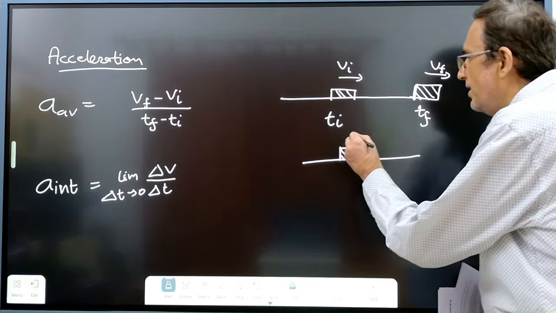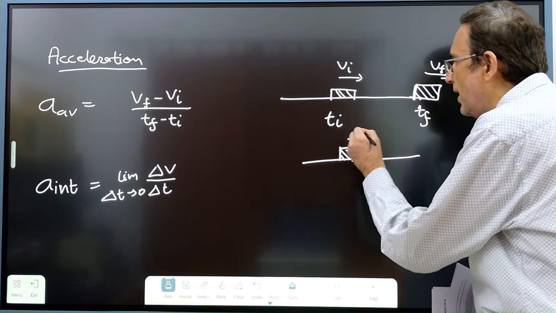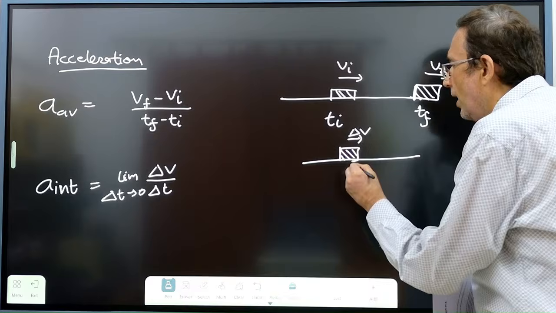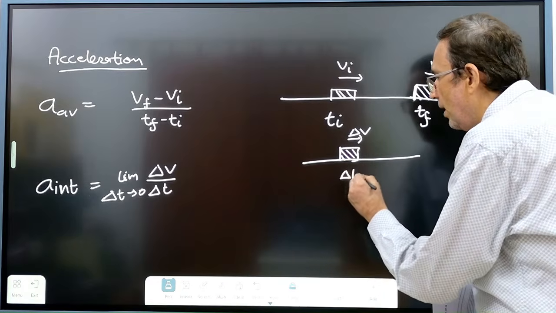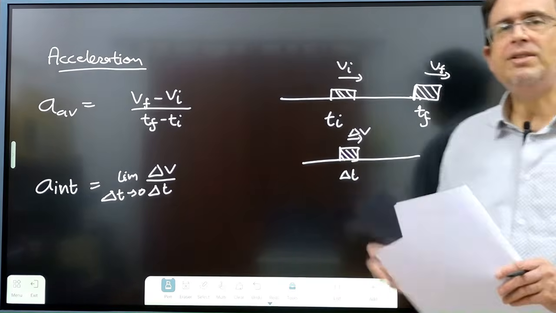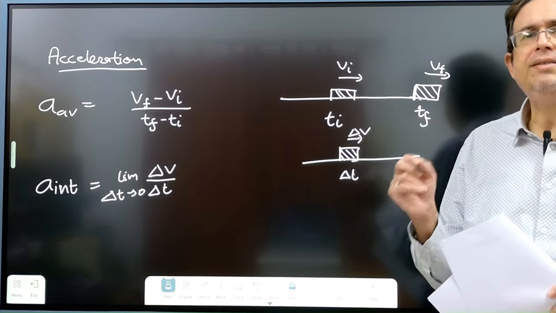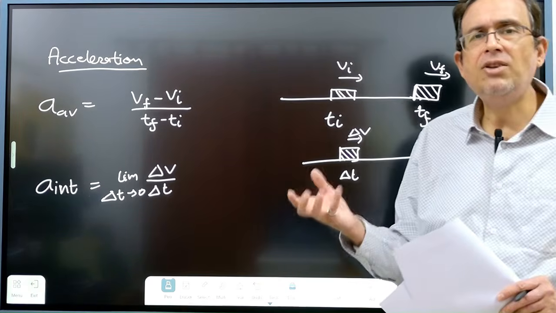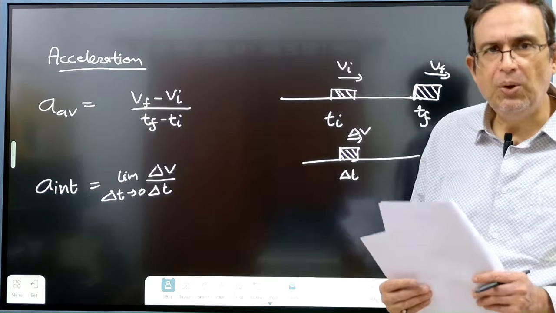That is, there is a change in velocity of this object, delta v, in time delta t, and the duration of this time delta t is very small. It is infinitesimal, actually tending towards 0.